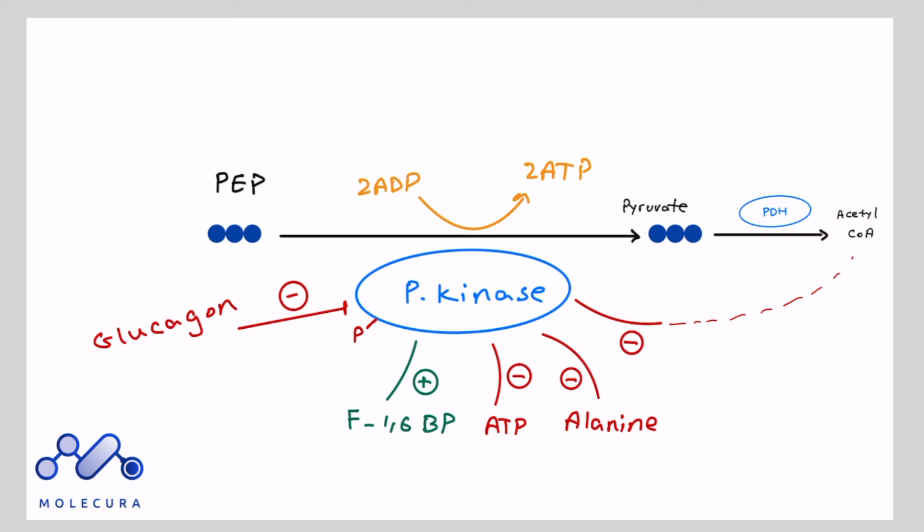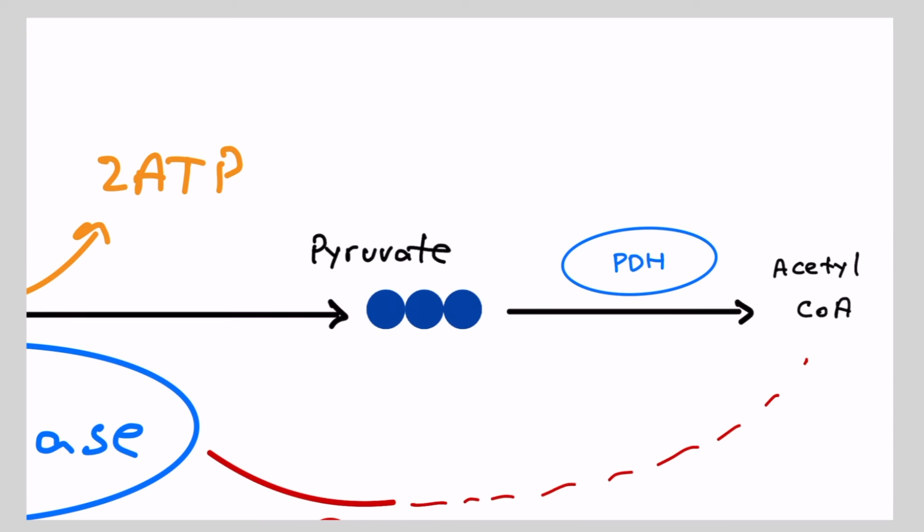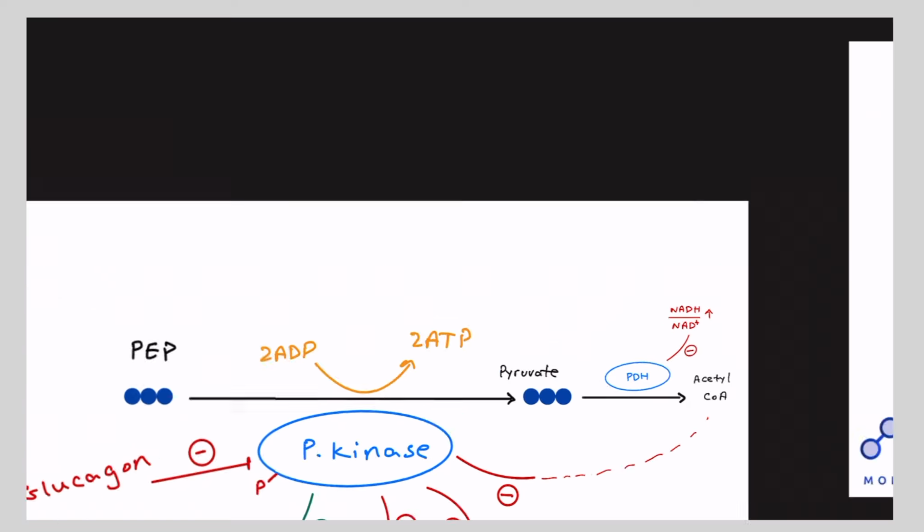So when the ratio of NADH is increasing, it's going to be something that stops pyruvate dehydrogenase. So here we can write it as: when NADH ratio to NAD plus is increasing, it's going to be stopping pyruvate dehydrogenase from going ahead.